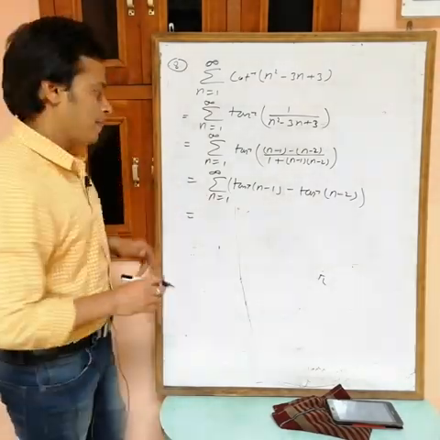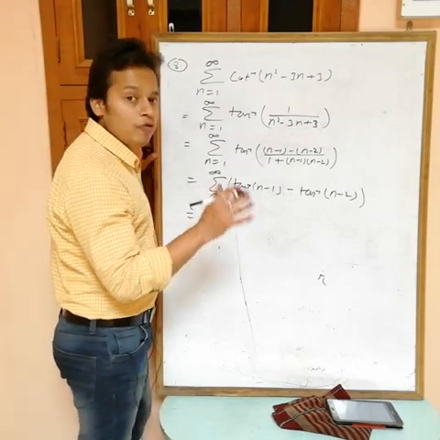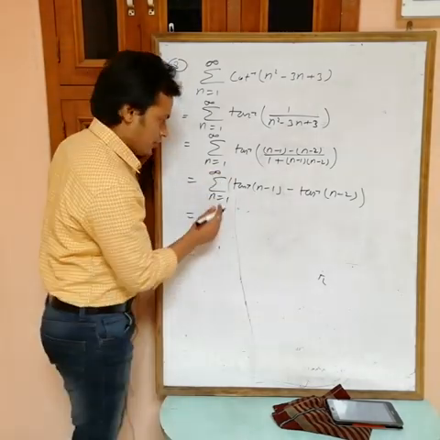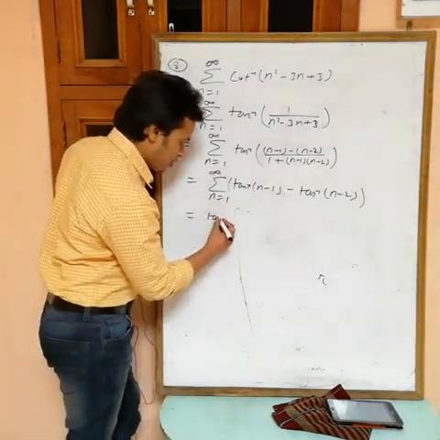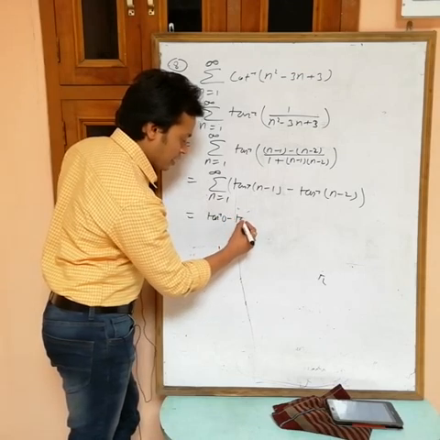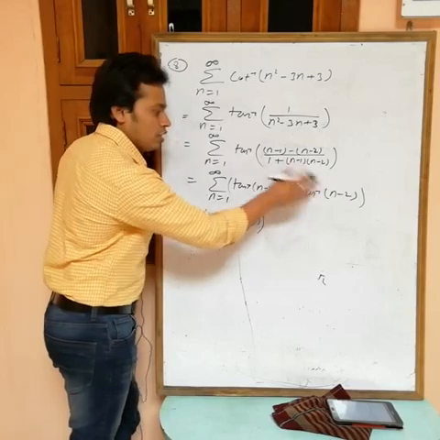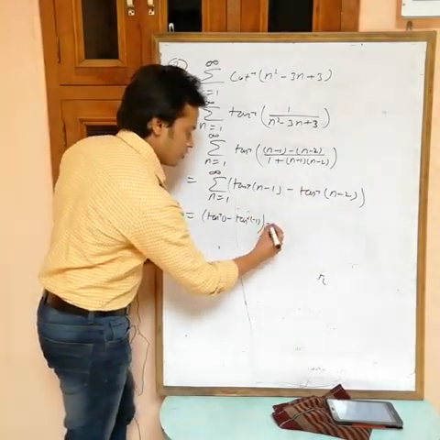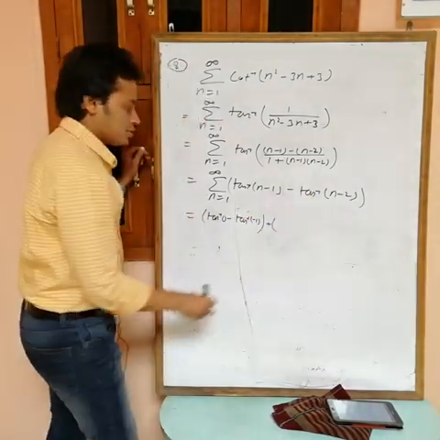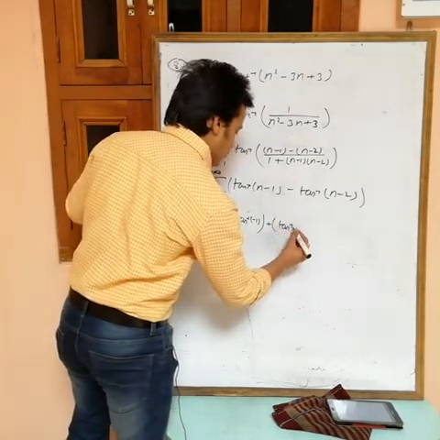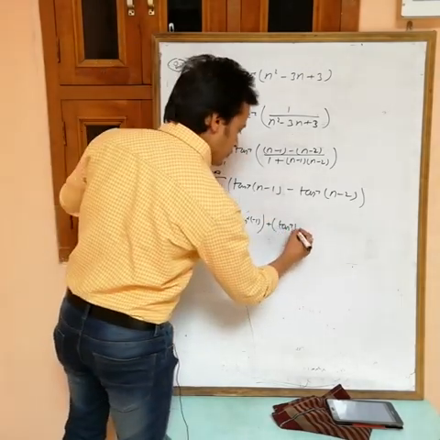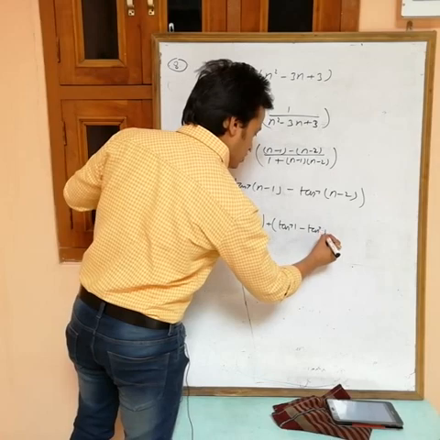Okay, so I am putting values of n from 1 up to n. Now see, if you put 1, what are we getting? Tan inverse 0 minus tan inverse minus 1. Now put n equals to 2. What are we getting? Tan inverse 2 minus 1 is 1 minus tan inverse 0.